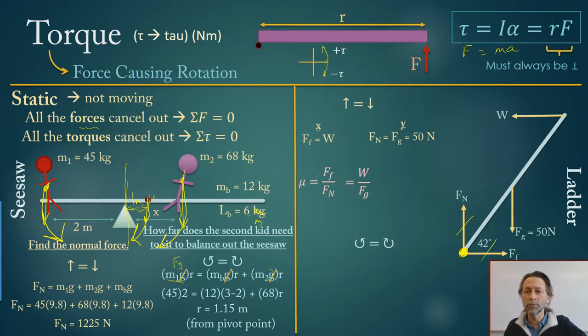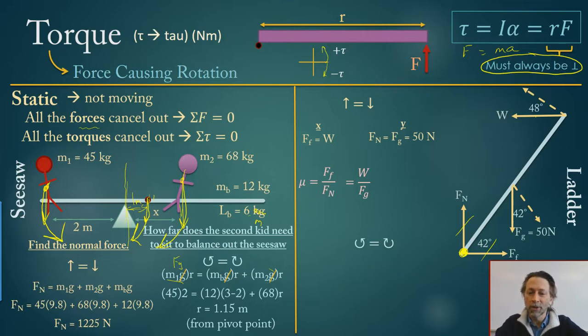And there is one really, really important rule that we have to look at, and that is what was stated up here, that they always have to be perpendicular to each other. So what I'm going to do now is find the perpendicular value of that force of gravity, and I have to find the perpendicular value of the wall.